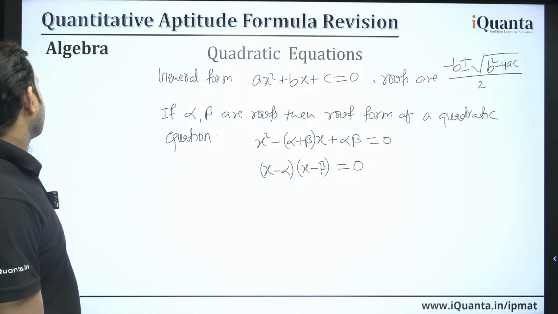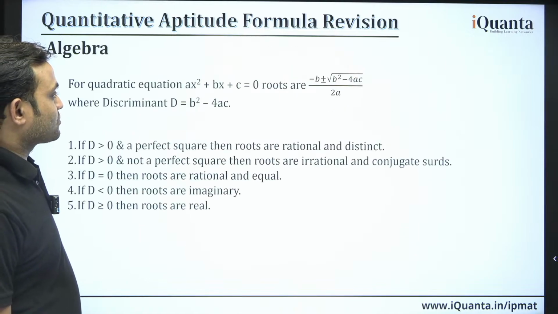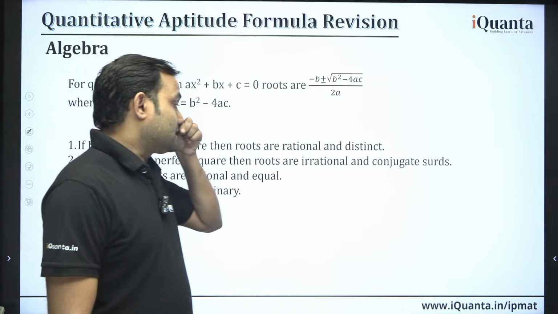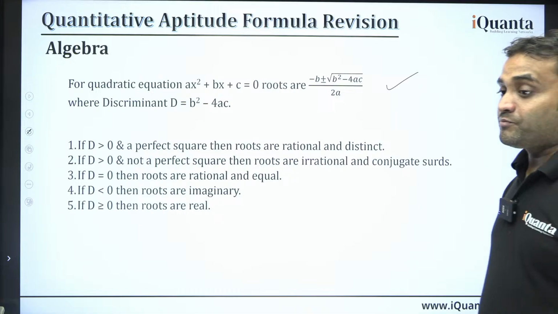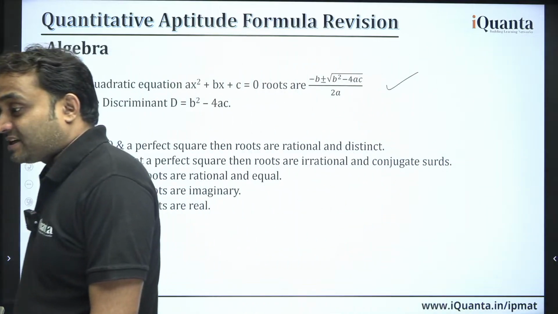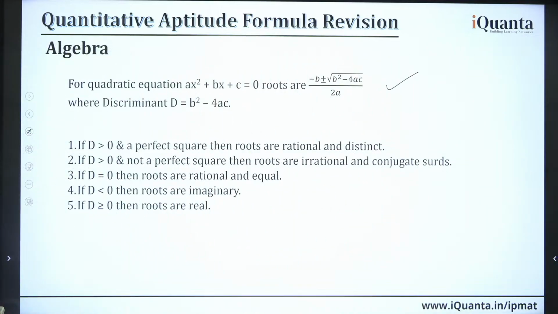Now if we talk more about quadratics, we already know the roots; this is how you can find them using the formula. Now the important part is the discriminant. The formula has 2a in the denominator.